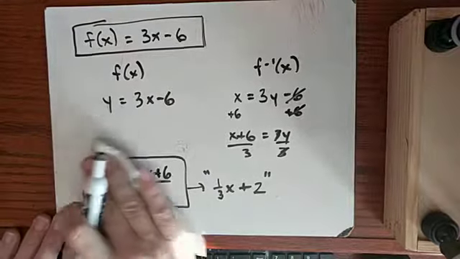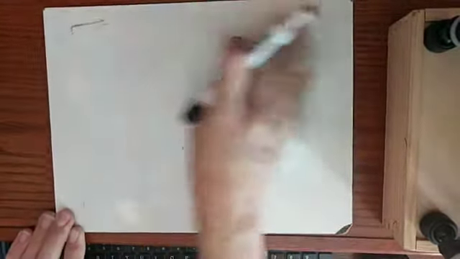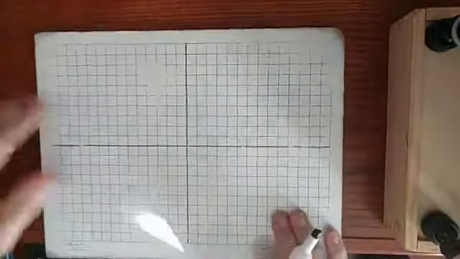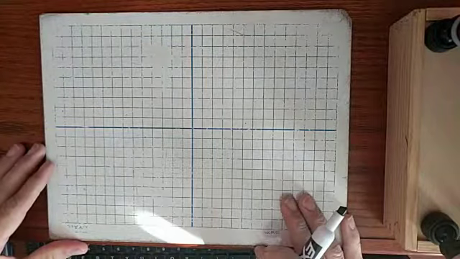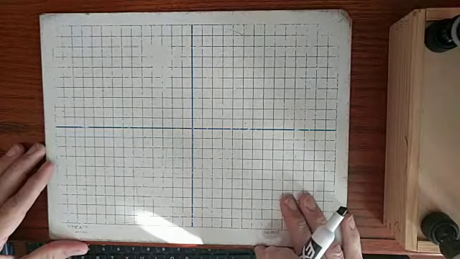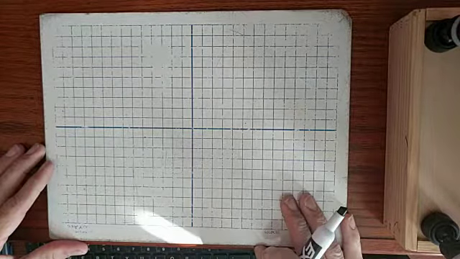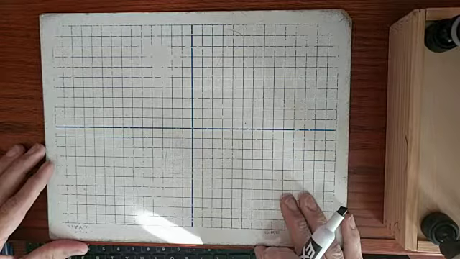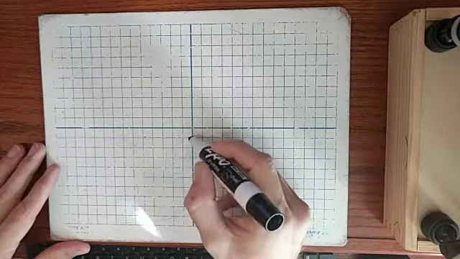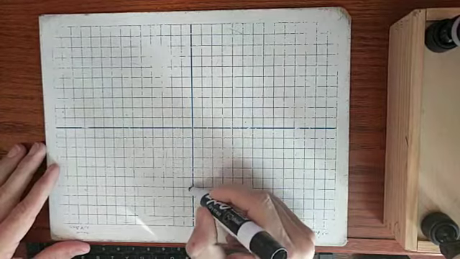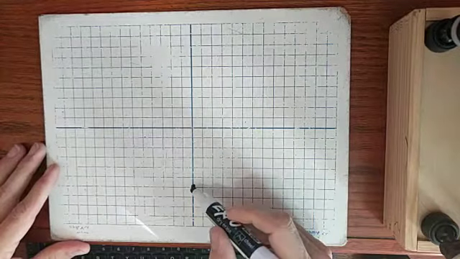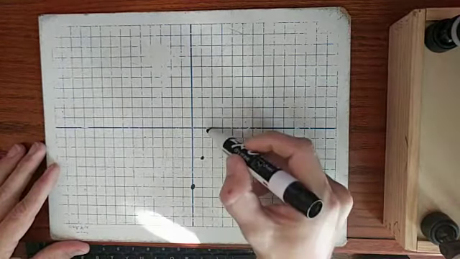Okay. And what I mean by the back is I have some graph paper. Great. Okay. So 3x minus 6. Let's do that first. So, y-intercept, negative 6, up 3 over 1.